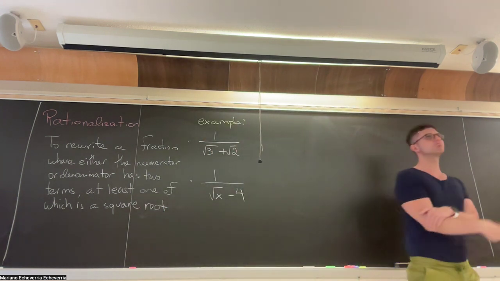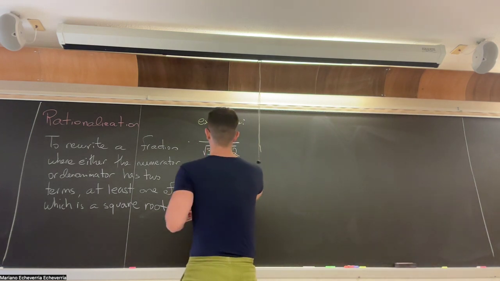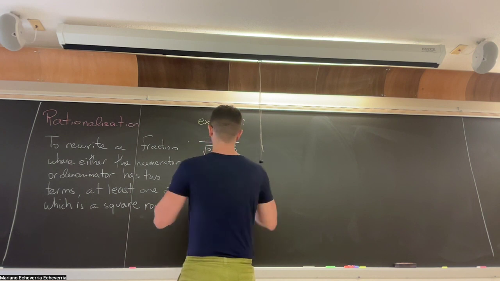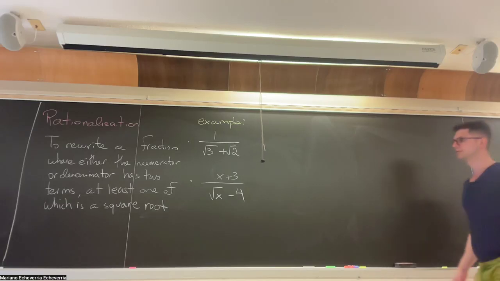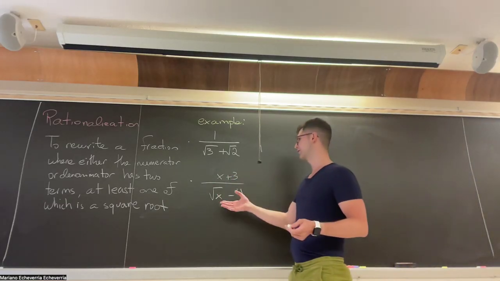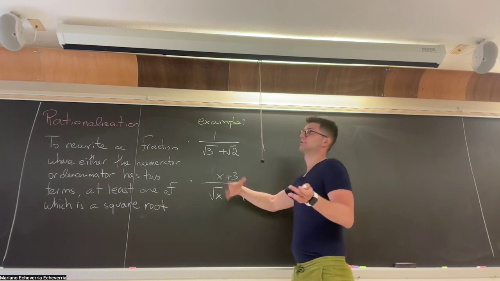Again, there's nothing specific to this being one. You could put something different, like x+3, with something different. Here you have a fraction. The numerator is perfectly fine, it has two terms. The denominator is also perfectly fine.